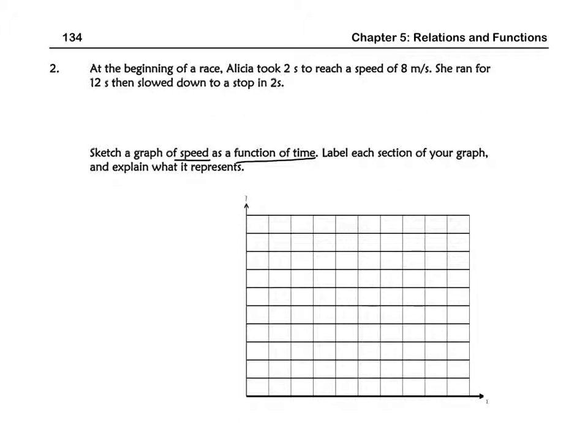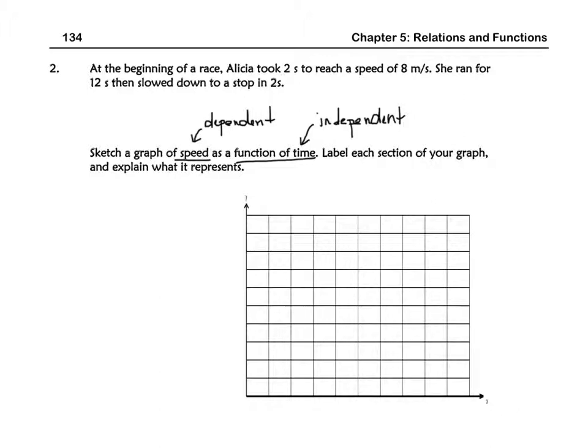So that means that speed is going to be your dependent variable, and time is going to be your independent. And that just kind of tells us which axis to put which quantity on. Because the independent generally goes on the horizontal axis and the dependent generally goes on the vertical axis.